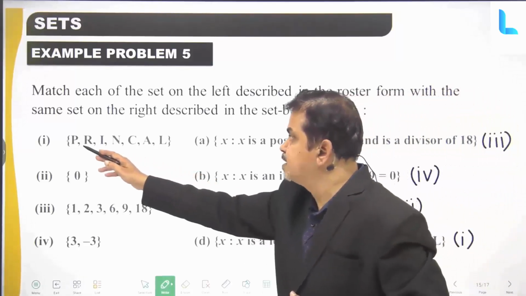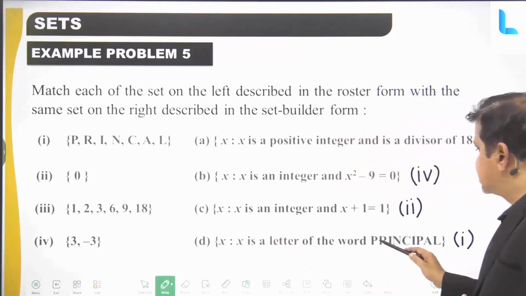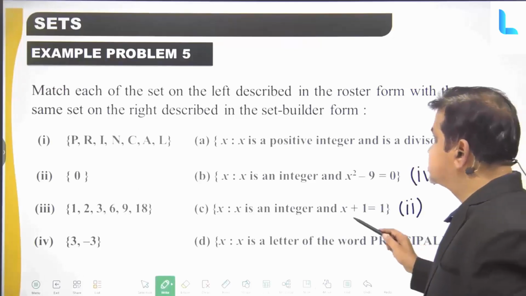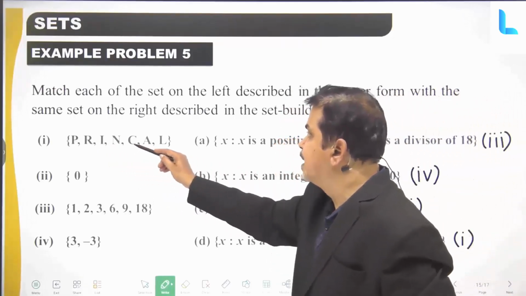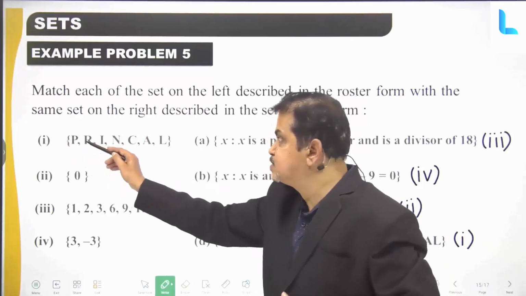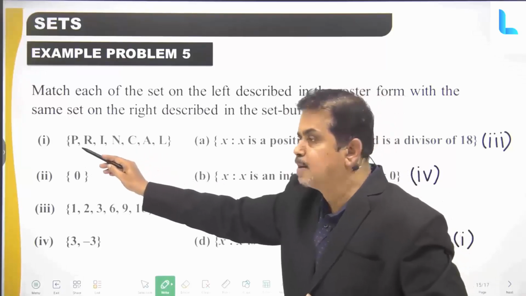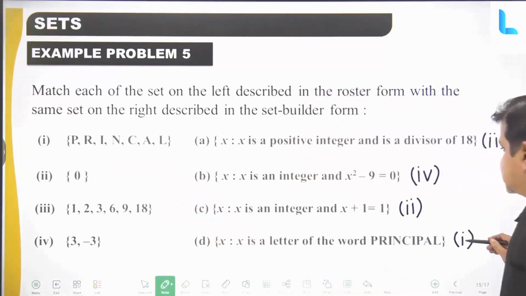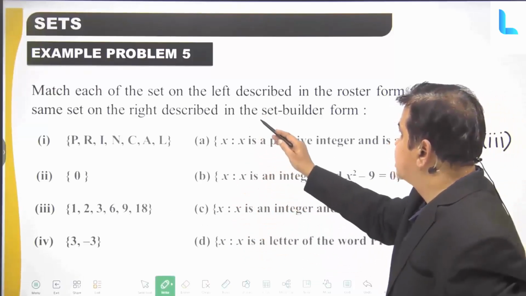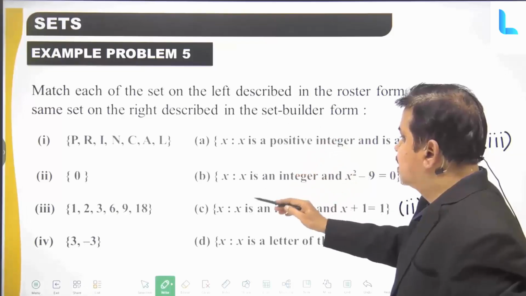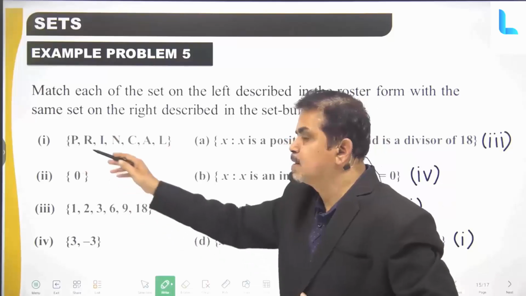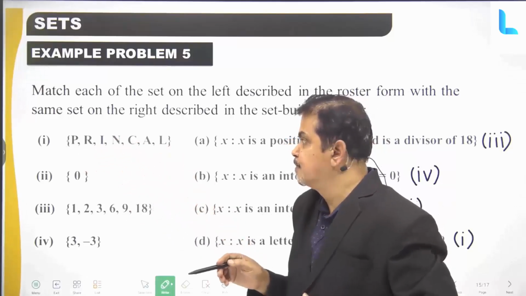When you arrange these letters in principal, all these will form the elements in the roster form in number 1. So D in the set builder form matches number 1 in the roster form.